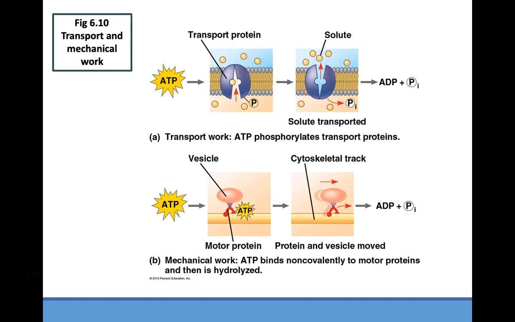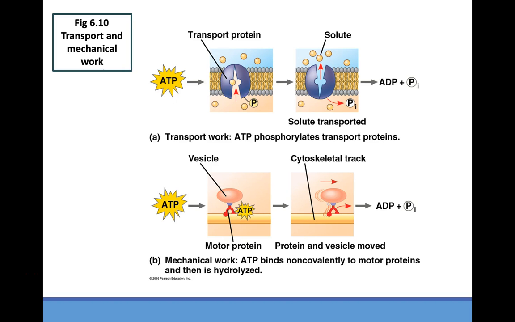ATP can also perform transport work and mechanical work. So we saw this example of a carrier protein utilizing active transport in our discussion in chapter 5. And in this case, we are moving solutes against their concentration gradient.